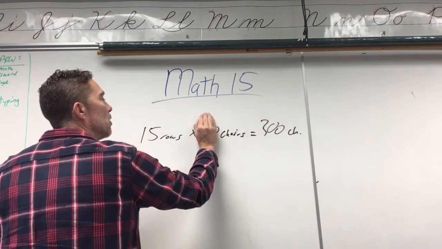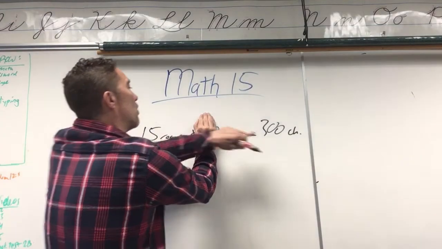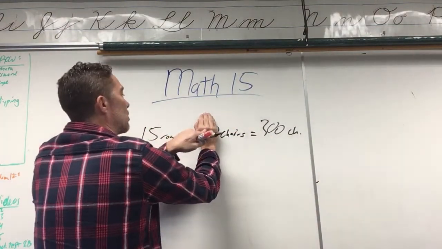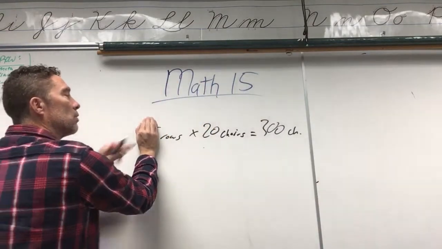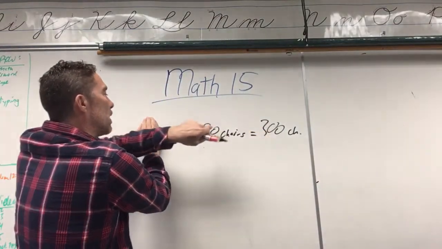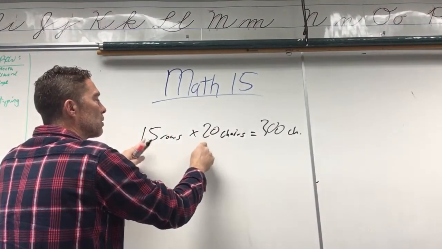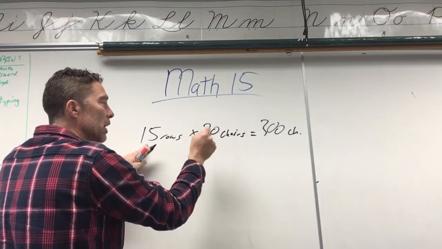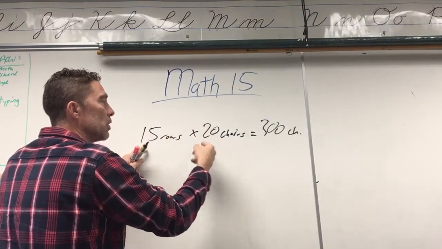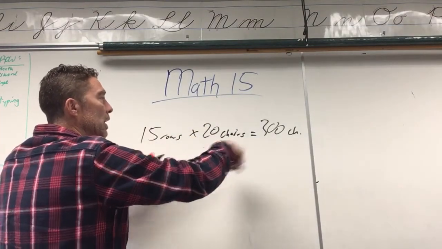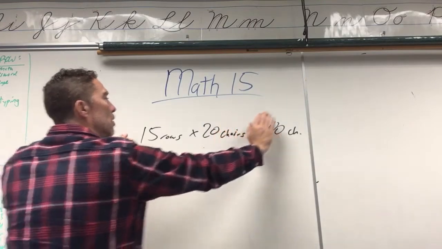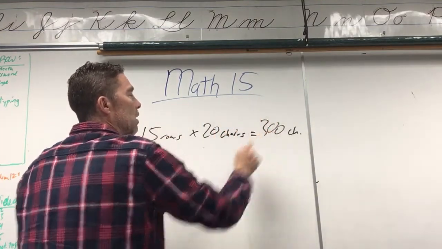If I didn't know this one, then I would go 300 divided by 15 equals 12. If I didn't know this one, it would be 300 divided by 20 to get to that one. Again, if one of these small ones are the ones you're trying to find, if they're one of the unknowns, you divide down to get them. If the big one you don't know, then you multiply up to get that one.